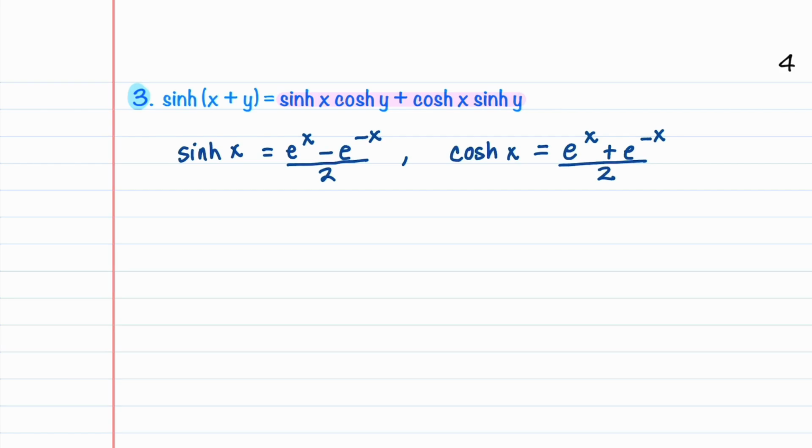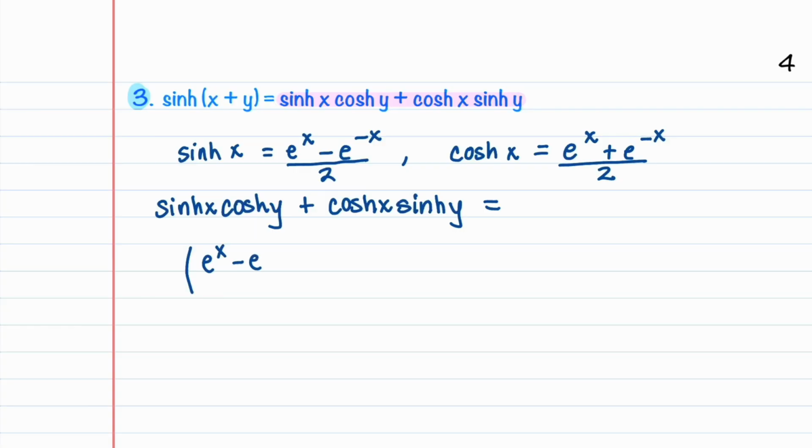Now what we're going to do is write down what sech(x) cosh y plus cosh(x) sech y is equal to. Sech of x is e to the x minus e to the minus x, all divided by 2. Now we're going to find cosh of y. So we look up at our formula up here on the right for cosh(x), but now we're going to put a y in instead of an x.